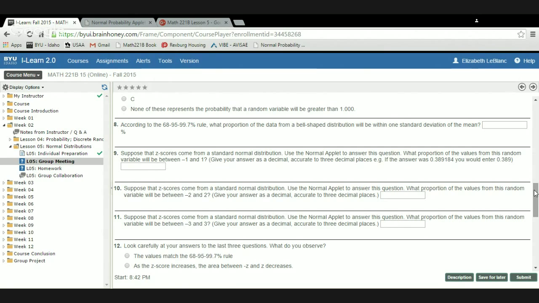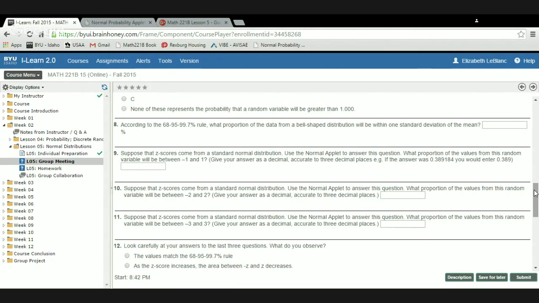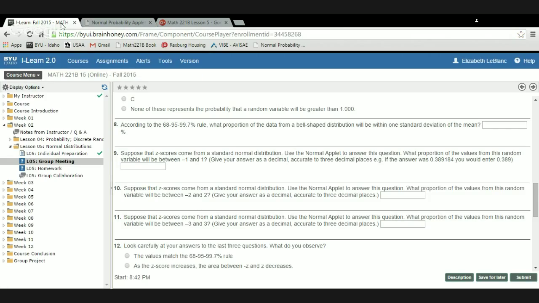You know how in the reading it drew the bell curve for us, and then it showed the middle part was 68%. So I think that 68% is one standard deviation on either side. Does that make sense? No. Let me go to the book. Let me just pull up the book. I don't see that on my notes.